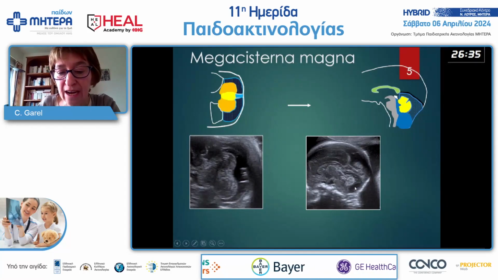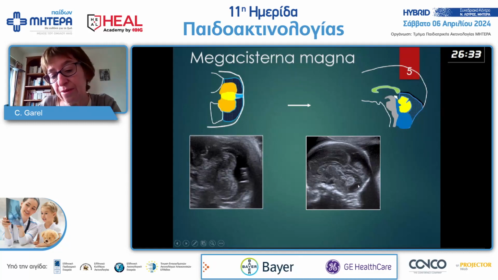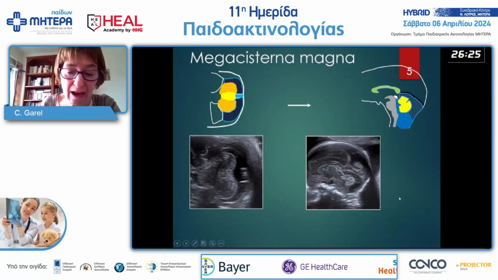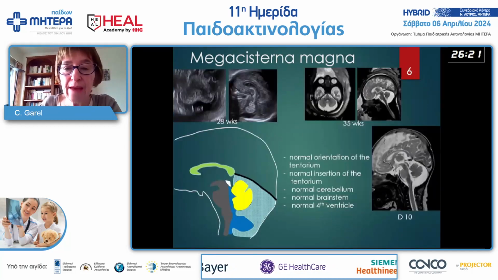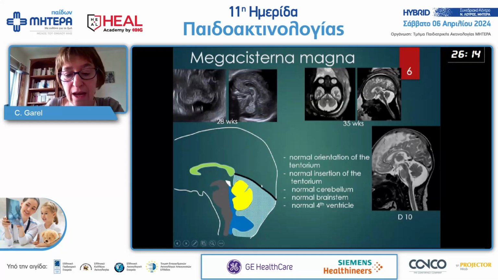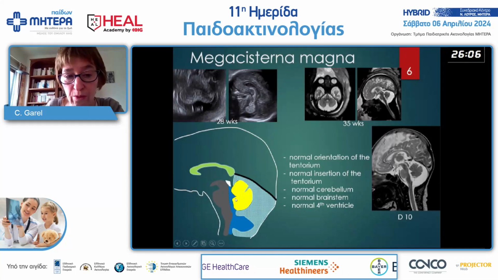And you can see here the difference in echogenicity between the Blake's pouch remnant, which is here, and the cisterna magna, which corresponds to subarachnoid space. In cisterna magna, the orientation of the tentorium, the insertion of the tentorium, the cerebellum, the brainstem, and the fourth ventricle are normal.